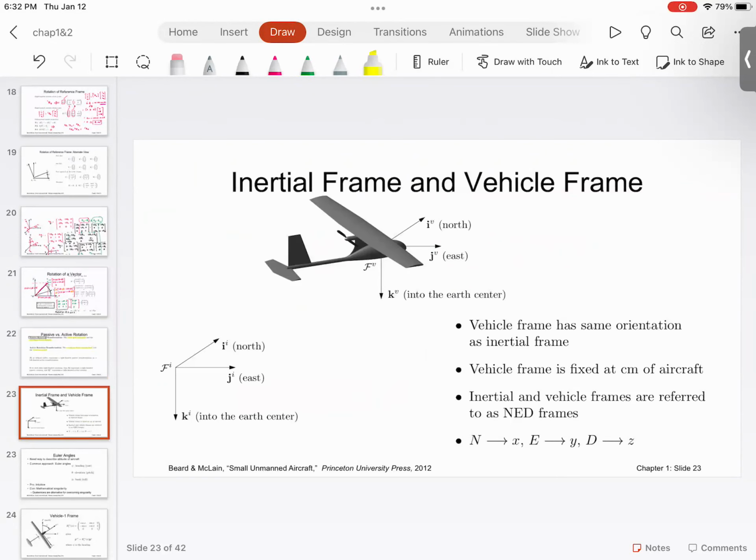Now I'm going to talk about 6 to 7 reference frames. Imagine you have a robot, an articulated robot with maybe 7 or 8 joints.